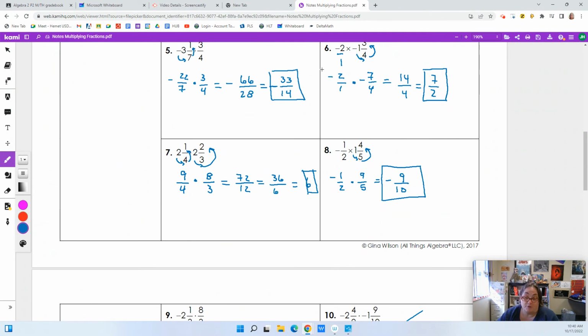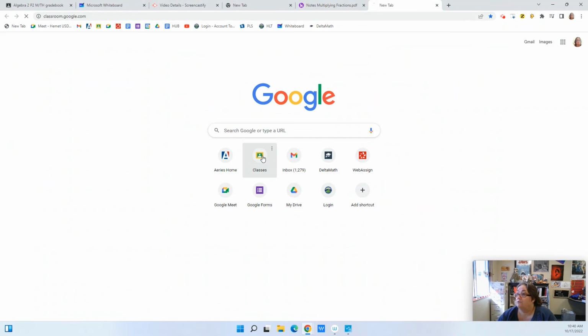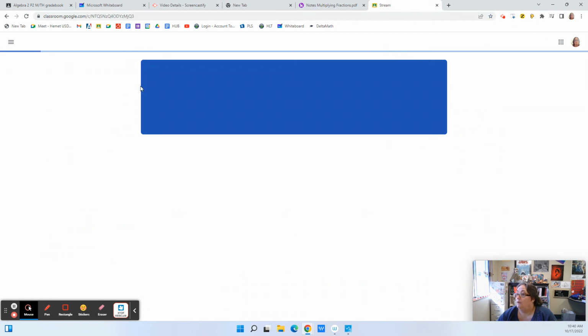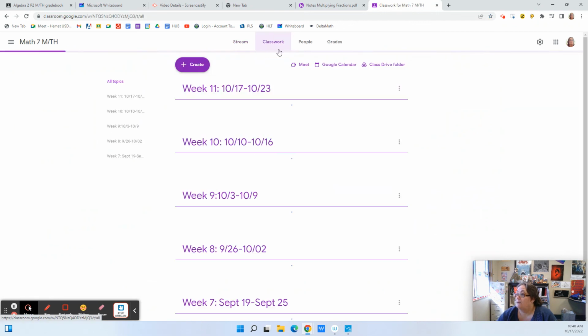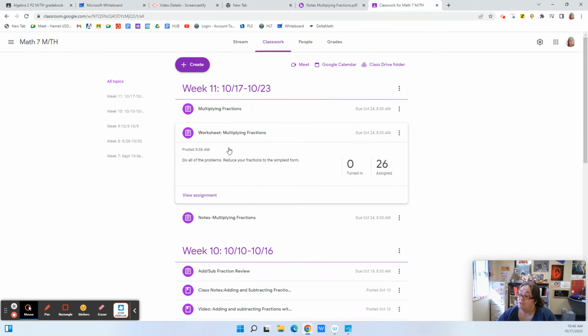Your worksheet is posted in Google Classroom, but notice you also have a Delta Math, right? Let me show you your Google Classroom. Notice that you have a worksheet and then you have an assignment that says multiplying fractions and you have your notes. This is your notes. This is your worksheet.